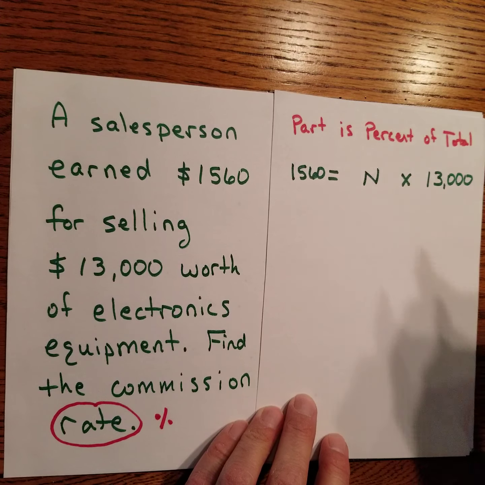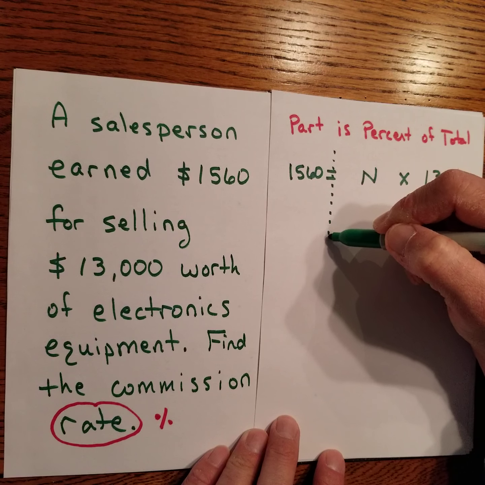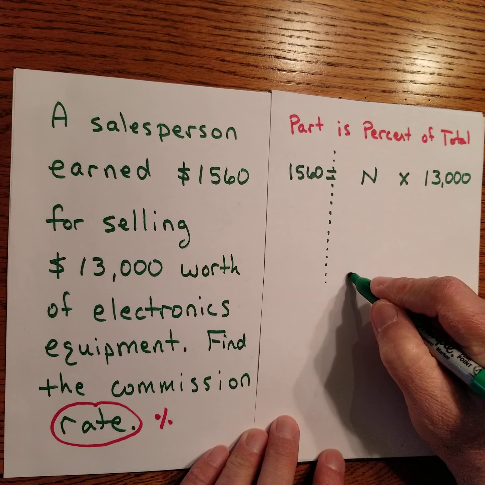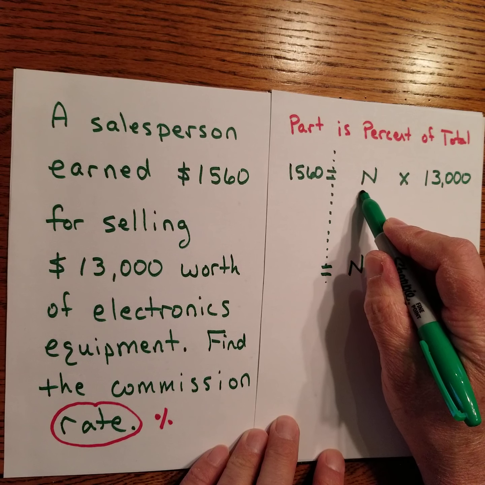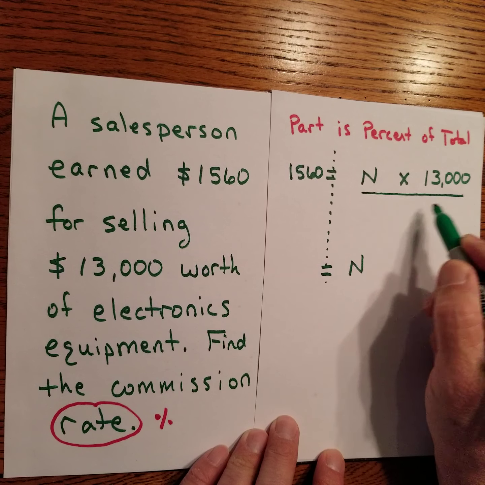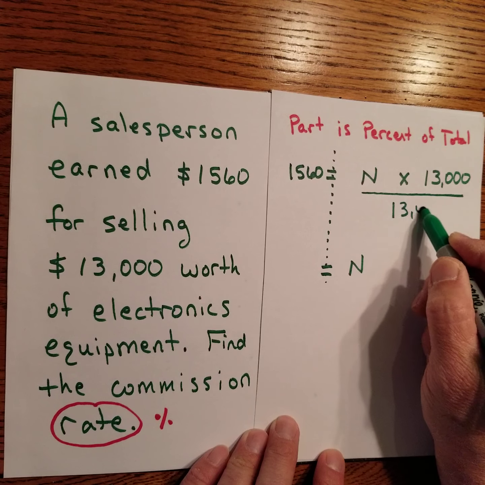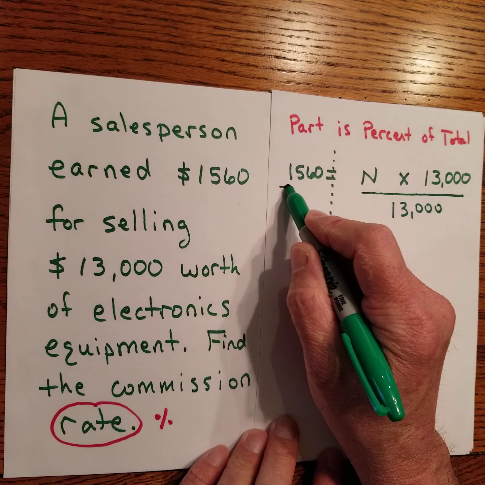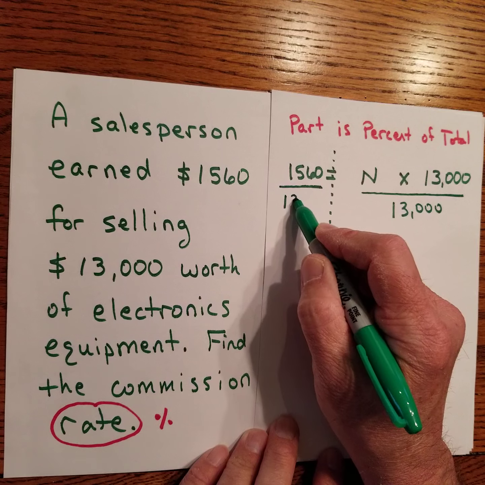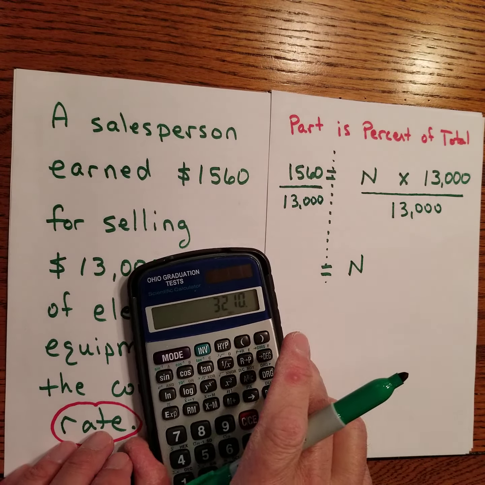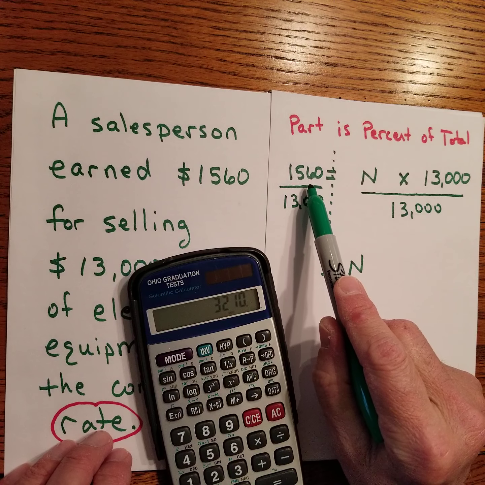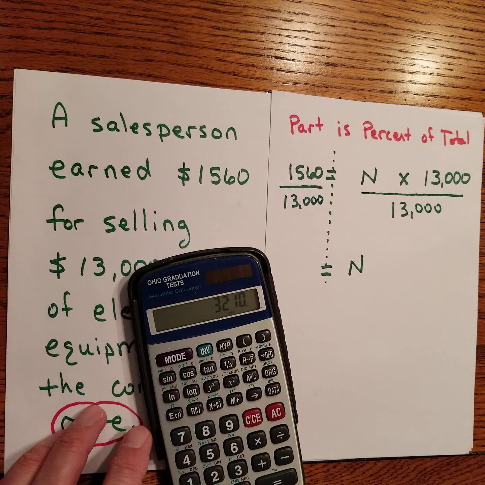All right, well, we know how to solve equations like this. Our job is to get n by itself. The inverse of multiplication is division. We'll divide by 13,000. On my calculator, make sure that you type in the 1,560 first.